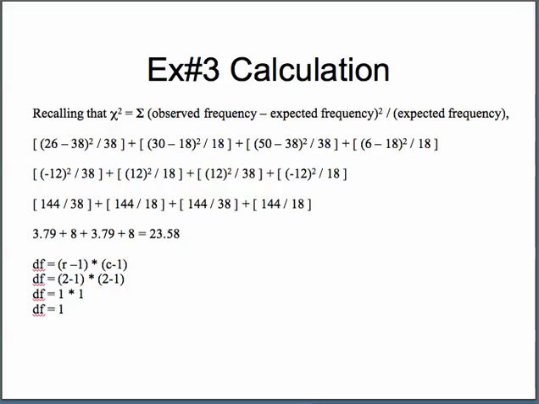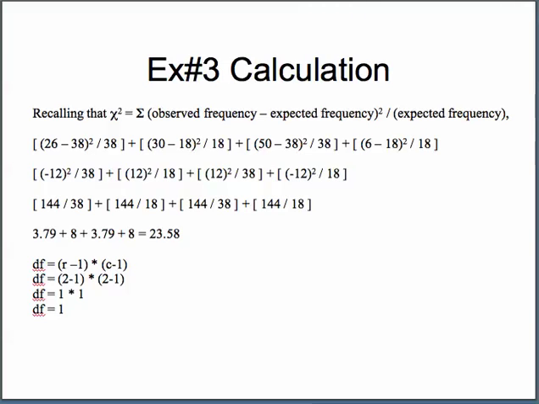Recalling that chi-square is equal to the sum of the observed frequency minus the expected frequency squared divided by the expected frequency: 26 minus 38 squared divided by 38, plus 30 minus 18 squared divided by 18, plus 50 minus 38 squared divided by 38, plus 6 minus 18 squared divided by 18.